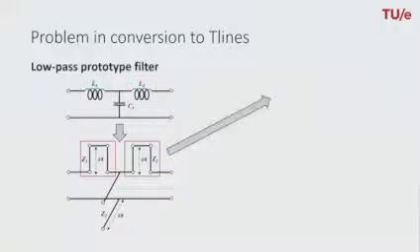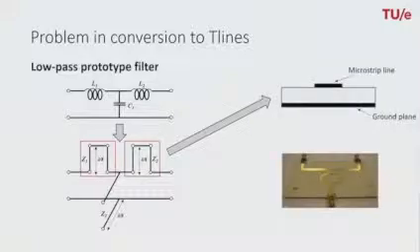For example, consider a microstrip technology, as shown here, where you have a microstrip line placed on a dielectric material with a certain thickness, and underneath there's a metal ground plane.